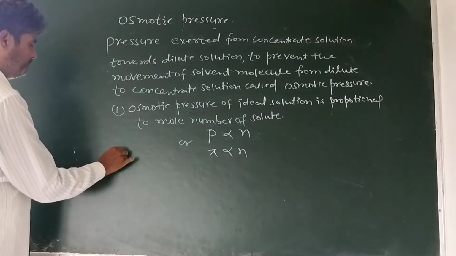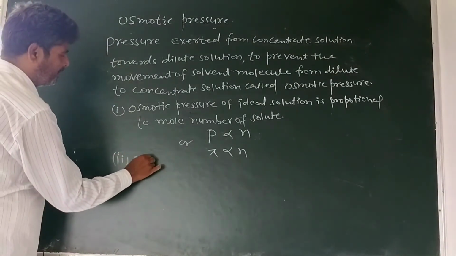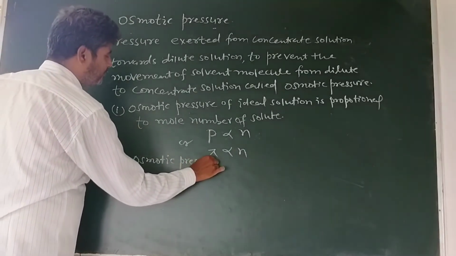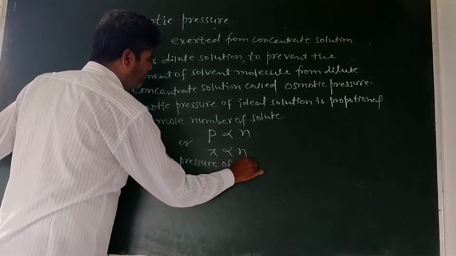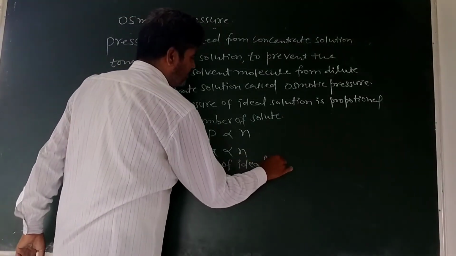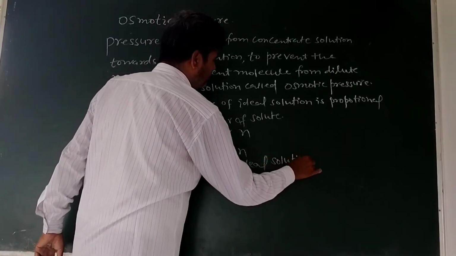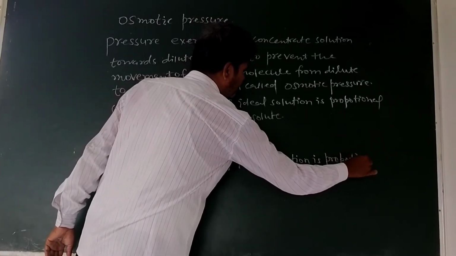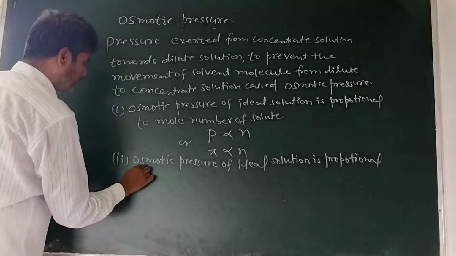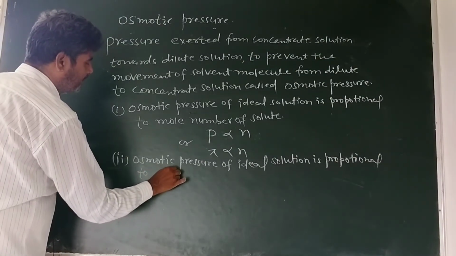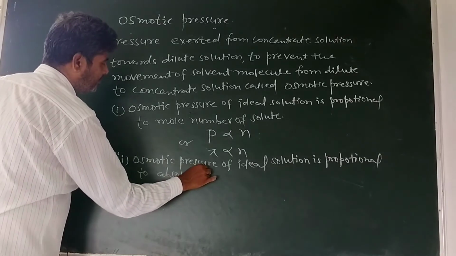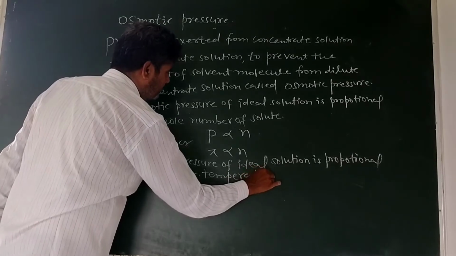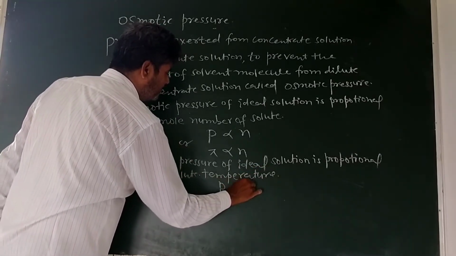Second, osmotic pressure of an ideal solution is proportional to absolute temperature, that is, pi is proportional to T.